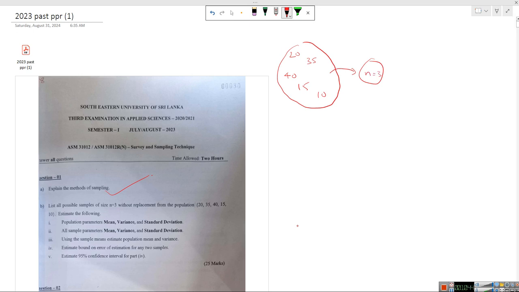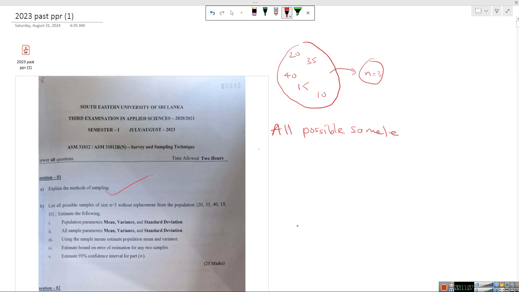Now for drawing the sample, we have the equation of all possible samples that we can draw from a population in with replacement and in without replacement techniques respectively, right?